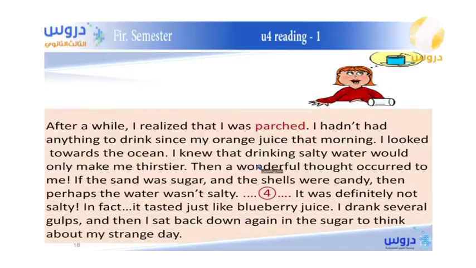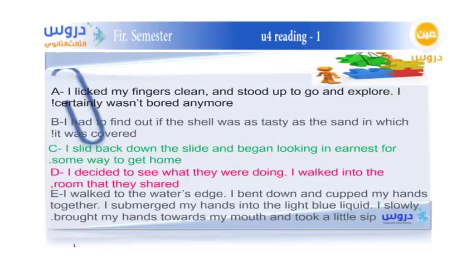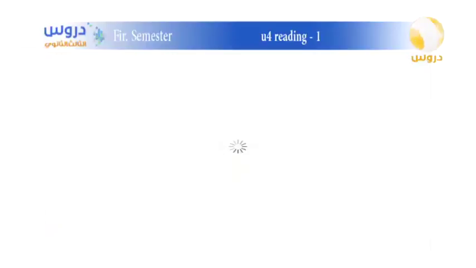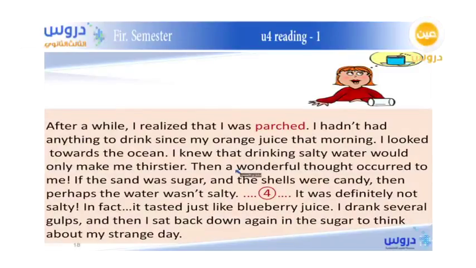So guys, what do you think is number four? We have a lot of options here. We have A, B, C, D, and finally E. So what do you think, guys? What is number four? Okay, the water wasn't salty. It was definitely not.